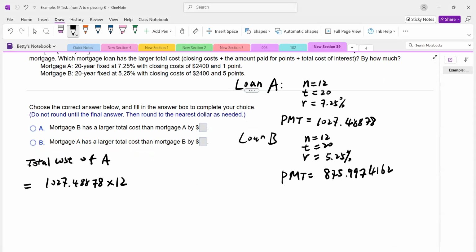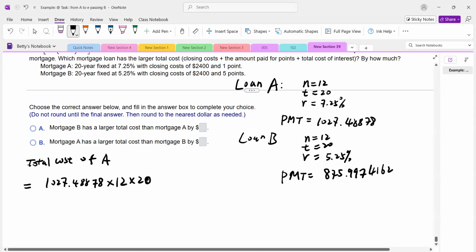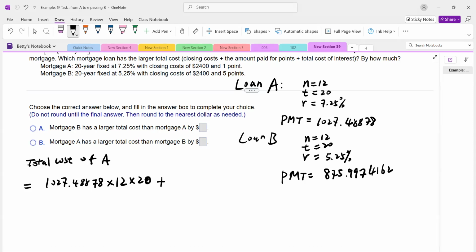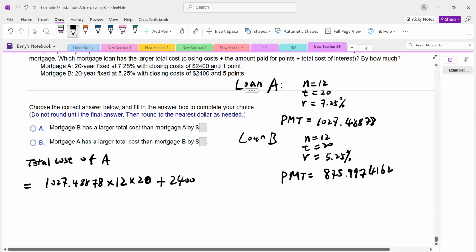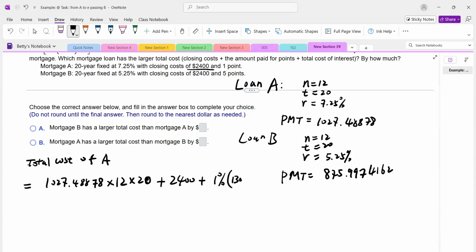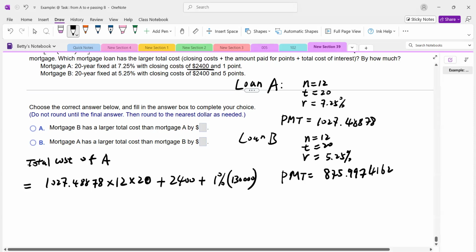Multiply that by 12, that's the payment for a year. By 20, that's the payment over the lifetime of the loan. So those are the principal and the interest, the money you end up paying over the 20 years. But upfront, you pay $2,400 closing cost and 1 point, which is 1% of the mortgage, 130,000. So that is the total cost.